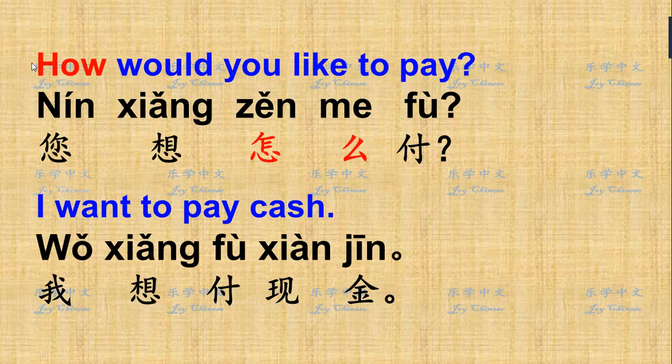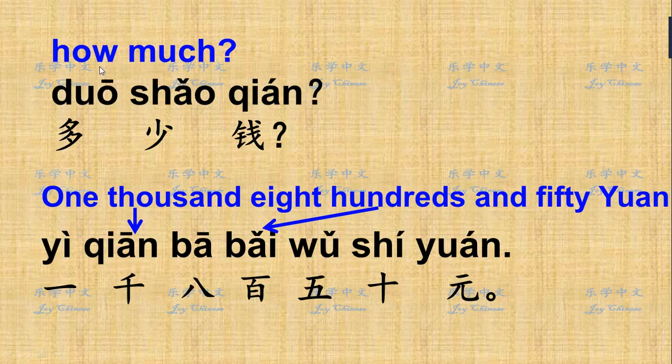The person in the shop will ask Tom, how would you like to pay? 您想怎么付? Again, Tom will pay with cash. 我想付现金 cash. How much? Tom asked. It's a shortened sentence. You don't say a full sentence in English.